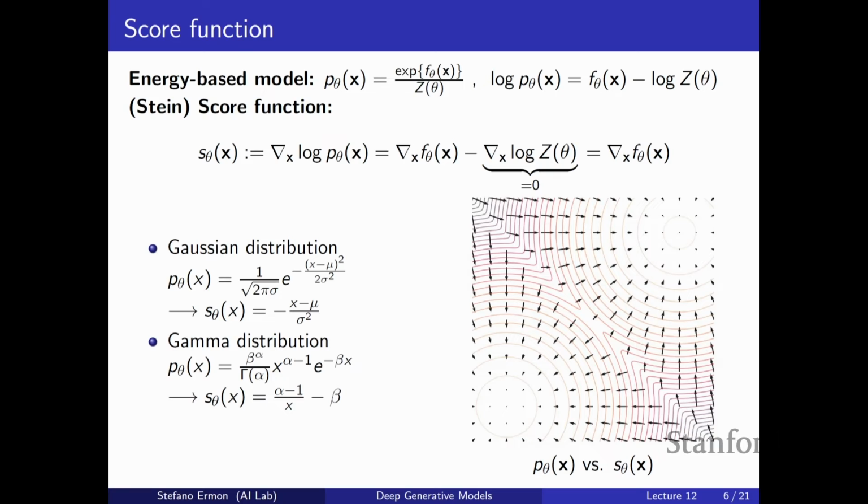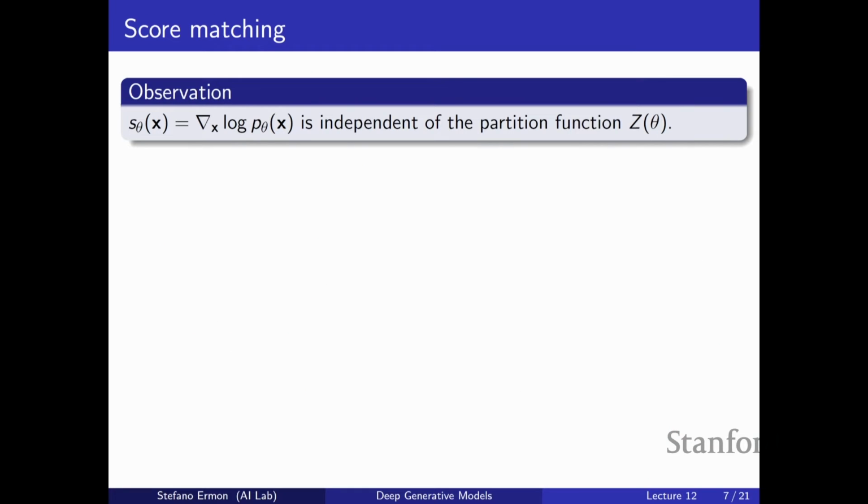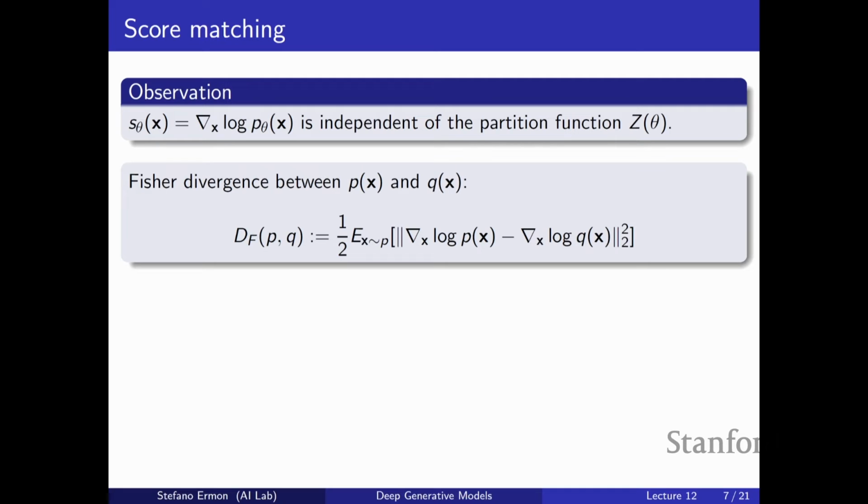Okay, so the key observation is this score function, the gradient of the log likelihood with respect to the inputs, is independent of the partition function. And so the idea is that we're going to define a training objective where we're going to compare two probability distributions or two probability densities, P and Q, by comparing their respective vector field of gradients.